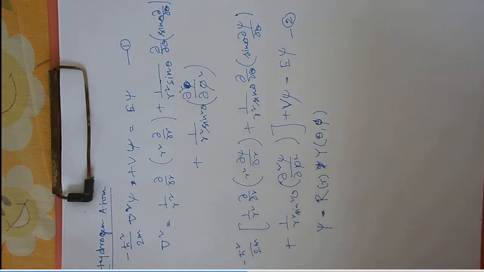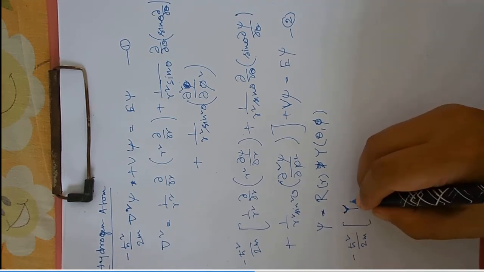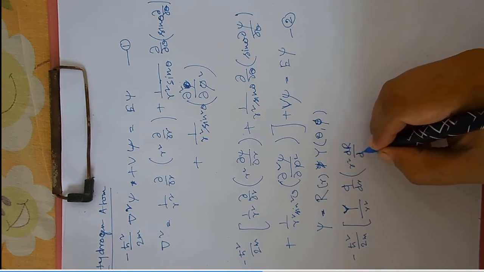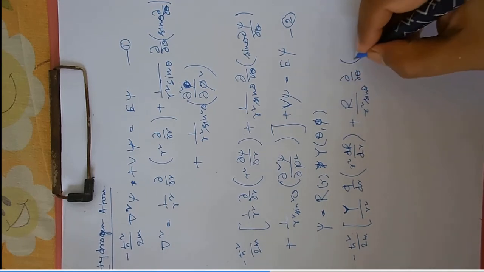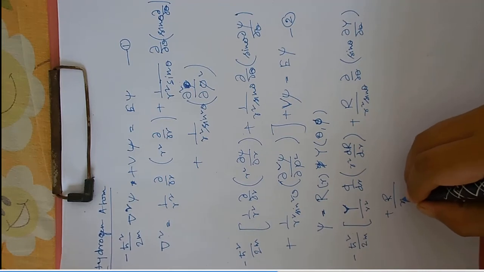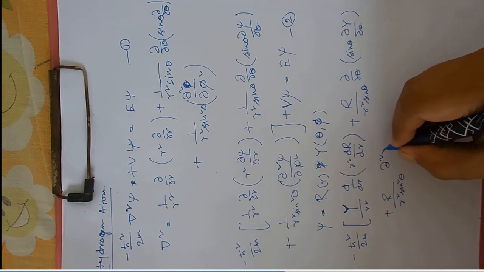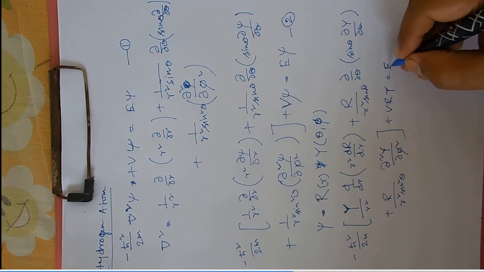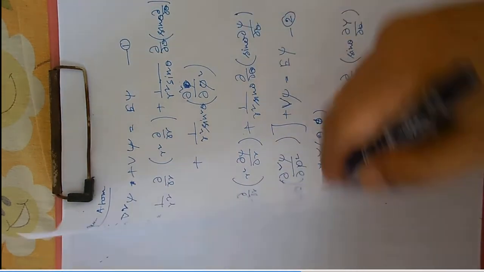After putting everything, you will get Y by r square d dr of r square dR dr, plus R by r square sin theta d d theta of sin theta dY d theta, plus R by r square sin square theta d2Y d phi square, plus V R Y equals E R Y. Here RY means these two functions, I have just replaced psi.